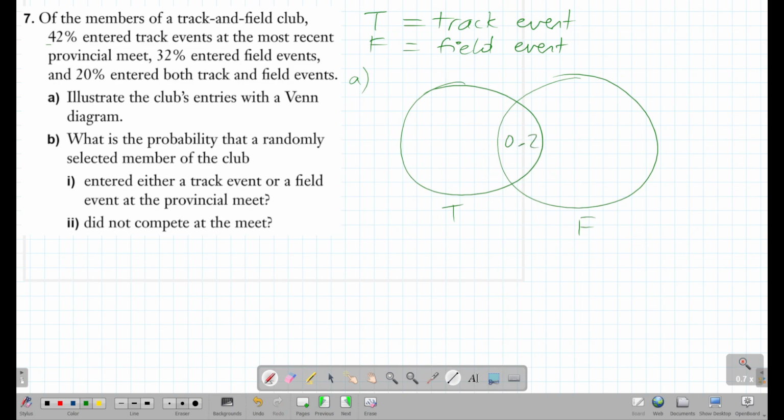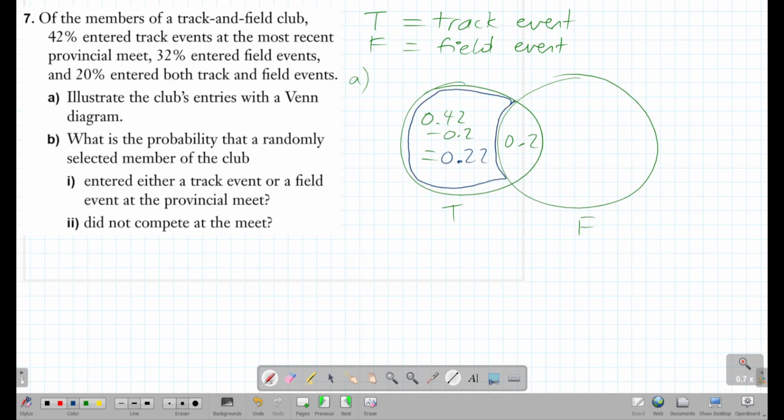Then it's telling us 42% entered track events. But remember, included in the 42% is the 20%. So to find what number we put here, we have to subtract 20% from 42%. That is 0.42 minus 0.2, which gives us 0.22 for just this section of the Venn diagram.